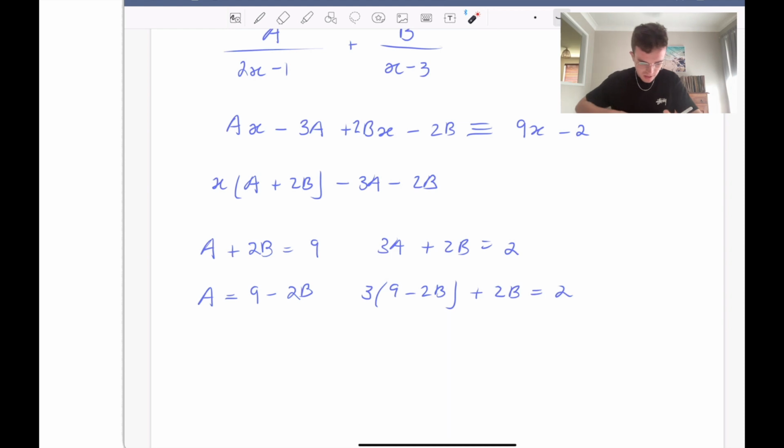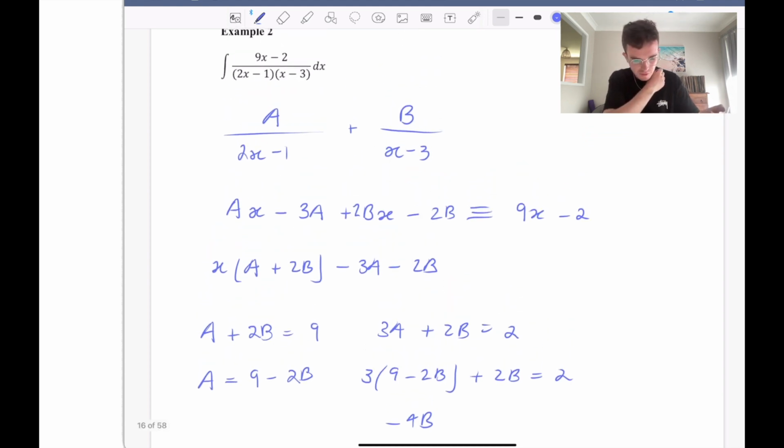Then 3 times 9 is 27. Let's subtract that to the other side, so 2 minus 27. Oh, that's not going to be pretty. Let me just check if that's right.